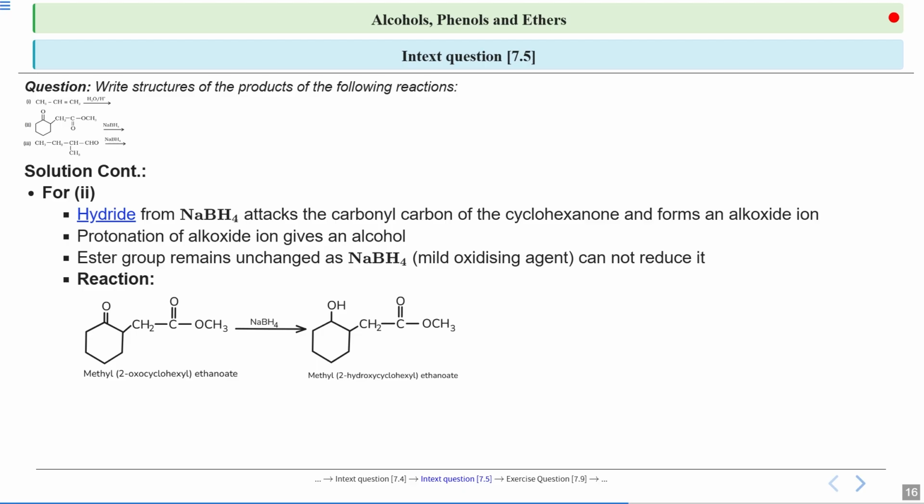You get an alkoxide ion, and then protonation of that alkoxide ion happens, which gives us our final product as an alcohol, which is methyl 2-hydroxycyclohexyl ethanoate. So C double bond O will convert to C-OH. This is the major product you get in our second reaction.